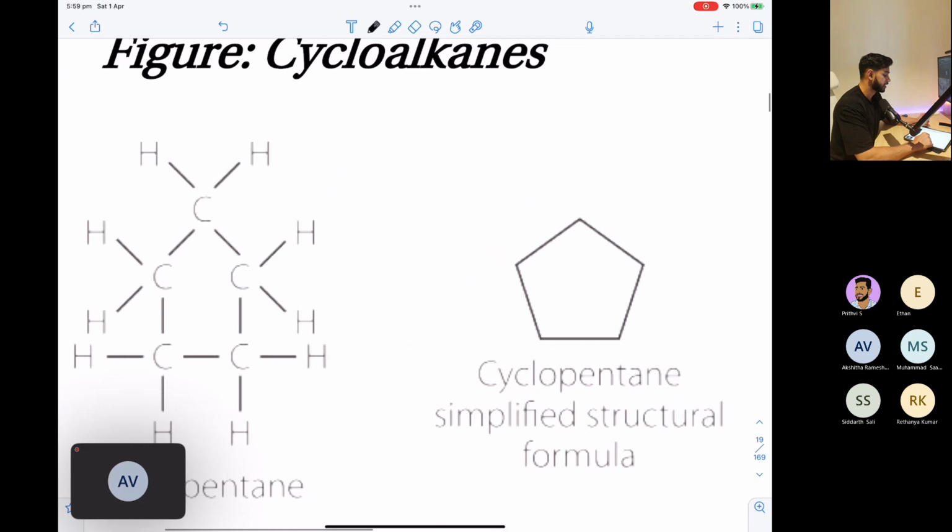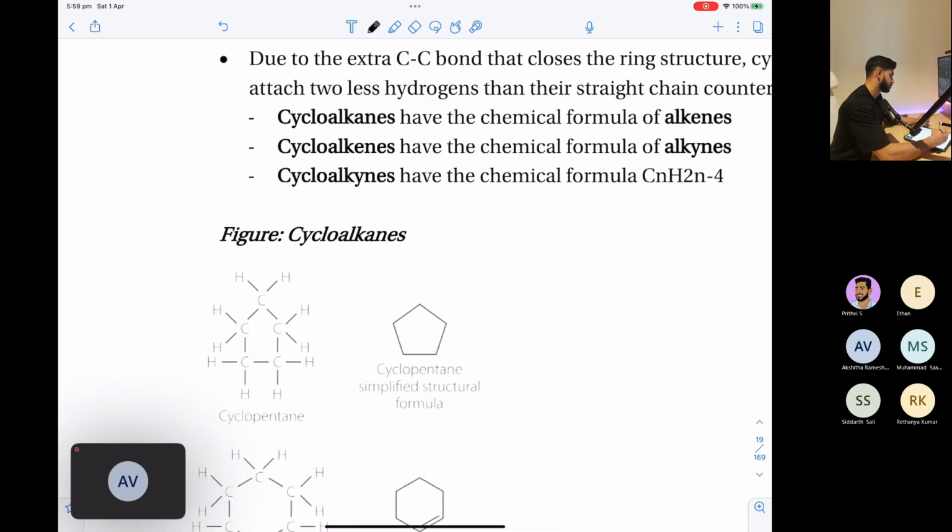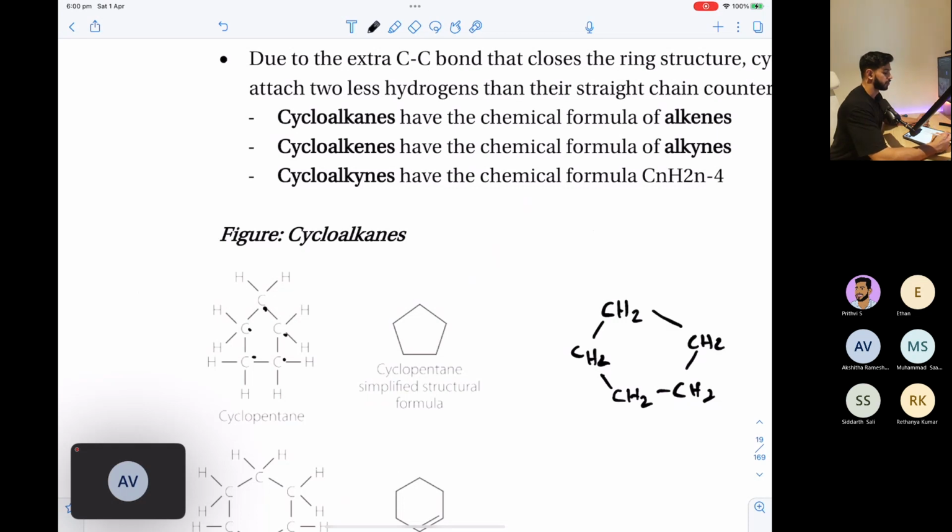The other thing you will see is they might draw it in, so what is this? This is 1, 2, 3, 4, 5. This is cyclopentane. So you may see it drawn like this. Does anyone know what we call this type of drawing? You've done organic chemistry, right? What would you call this?